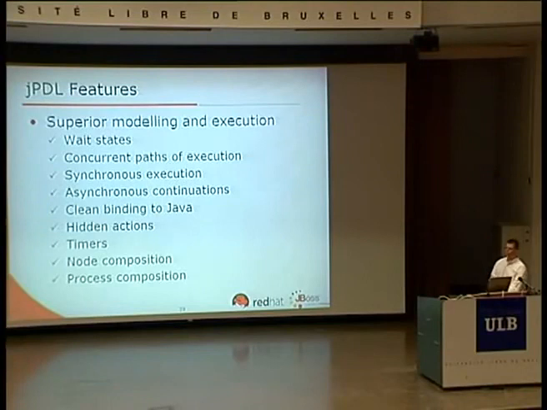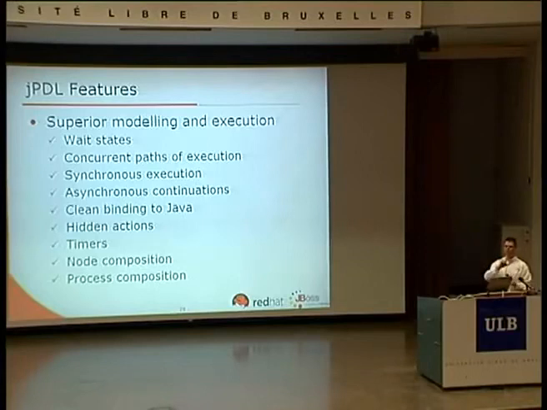So, a quick roundup of the jPDL features. I think it has a superior modeling and execution environment. I just quickly list this; basically you can read it afterwards. There's no other language in itself that covers these kinds of constructs.